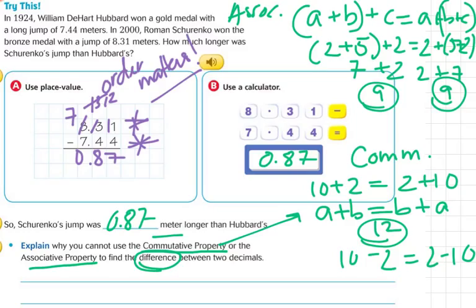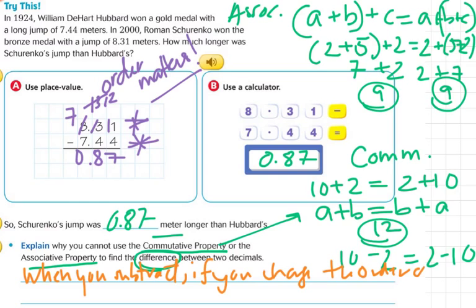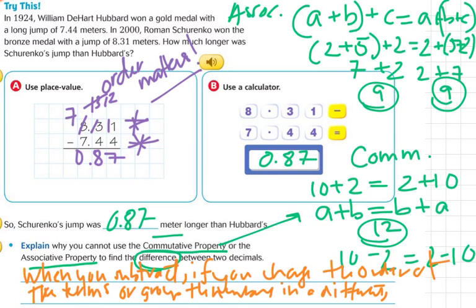So what I'm going to write down here is that when you subtract, if you change the order of the terms or you group the numbers in a different way, the answer changes, and that doesn't happen in addition.